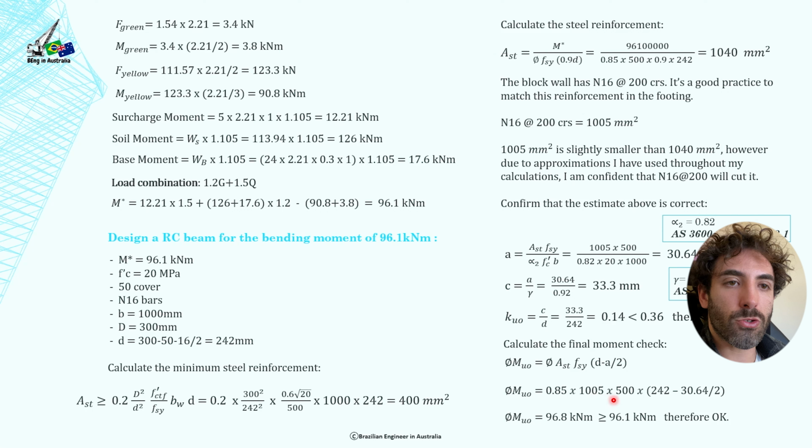Times the yield strength of the steel times the effective depth minus the depth of the rectangular stress block a divided by 2. And then we have that phi Muo is 96.8 kilonewton meters, which is greater than 96.1 kilonewton meters. That means our footing can resist the loads in bending.